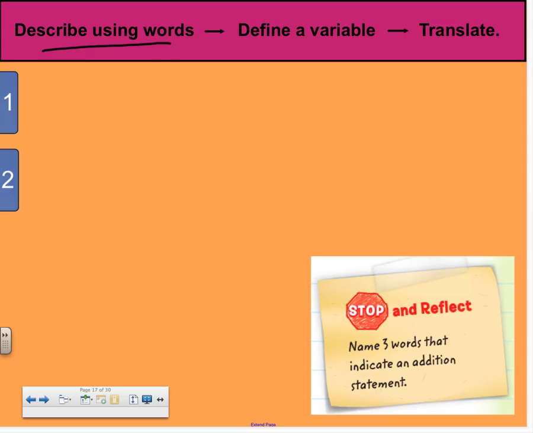Let's look at some of these words in the sentence and see how we can translate them, okay? 8 is just going to be the number 8. That's pretty obvious, right? But when we see the word less, what does that make you think of? What operation is probably happening? Subtraction. Very good. So less, we're dealing with subtraction.